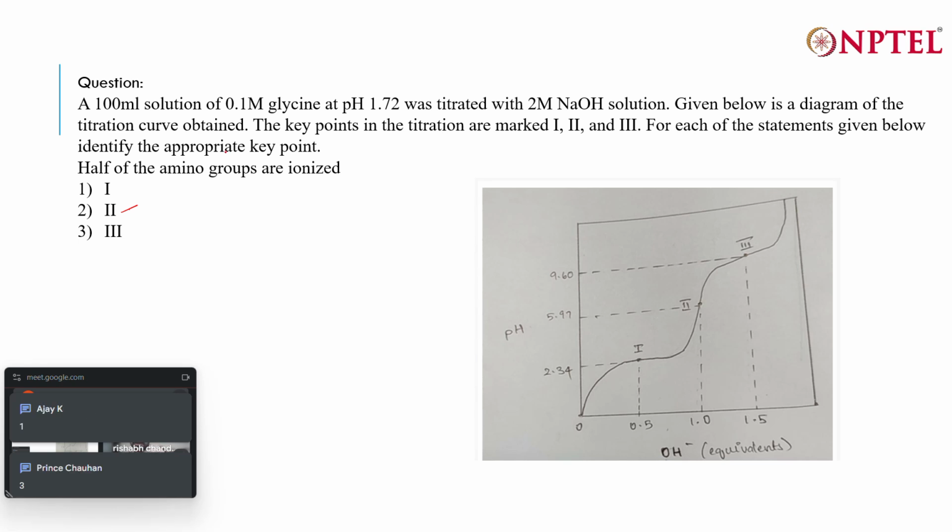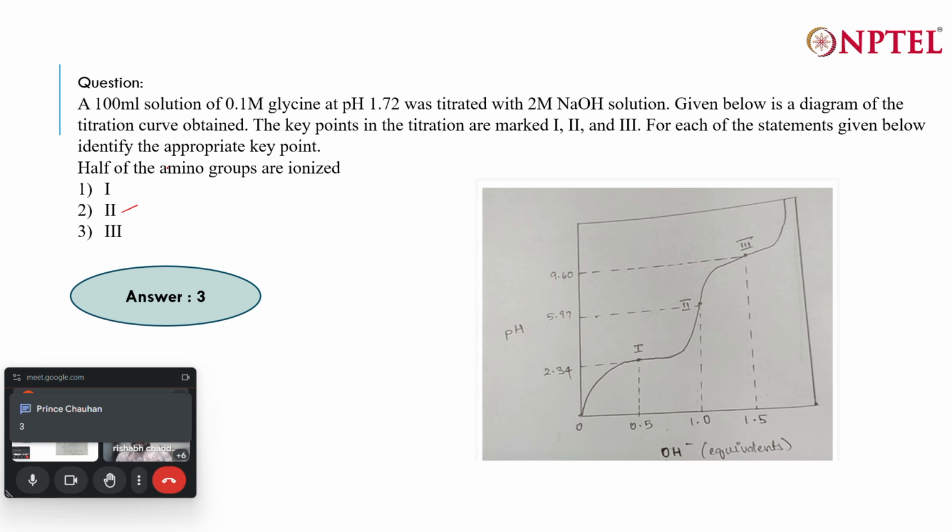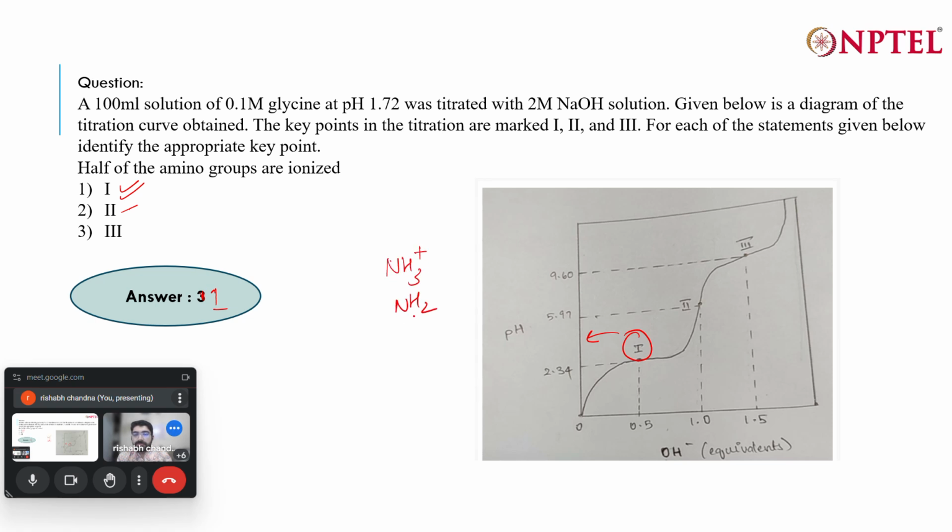Yes, the correct answer would be option number one, not option number three. Because just now I explained that at the first position, the pH is less than the pK value, so half of the amino groups will be ionized as NH3 plus, and half of the amino groups would not be ionized. So this would be option number one.